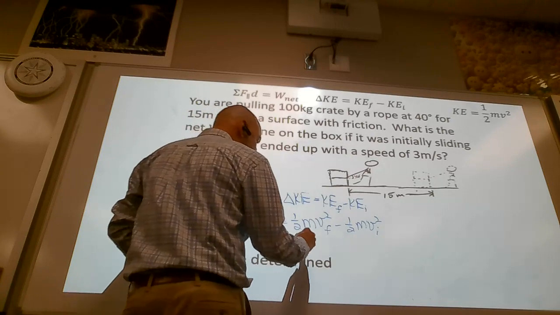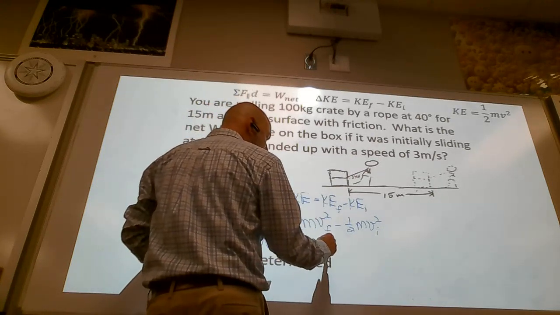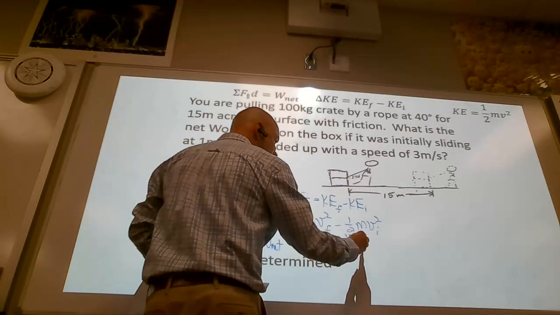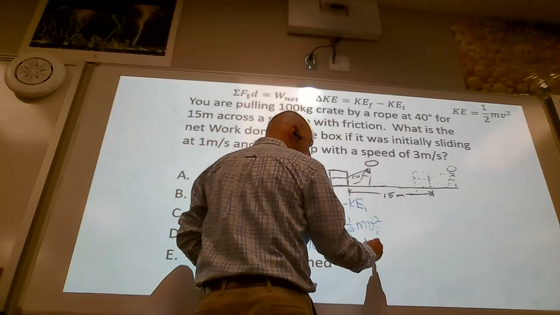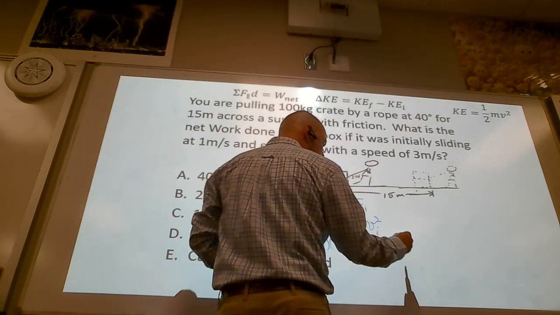So when you're doing this, one of the reasons I brought this question to the table is because I want you to be careful of order of operations. Make sure you square the speed before you subtract.